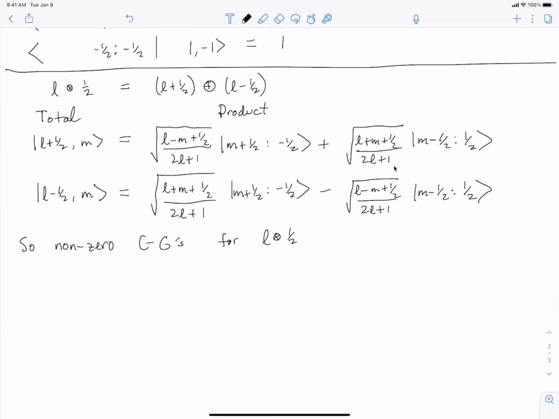So for example, you have m plus 1/2, minus 1/2, L plus 1/2, m is the square root of L minus m plus 1/2 over 2L plus 1. Okay, and so on. You can read off the others in the same way.